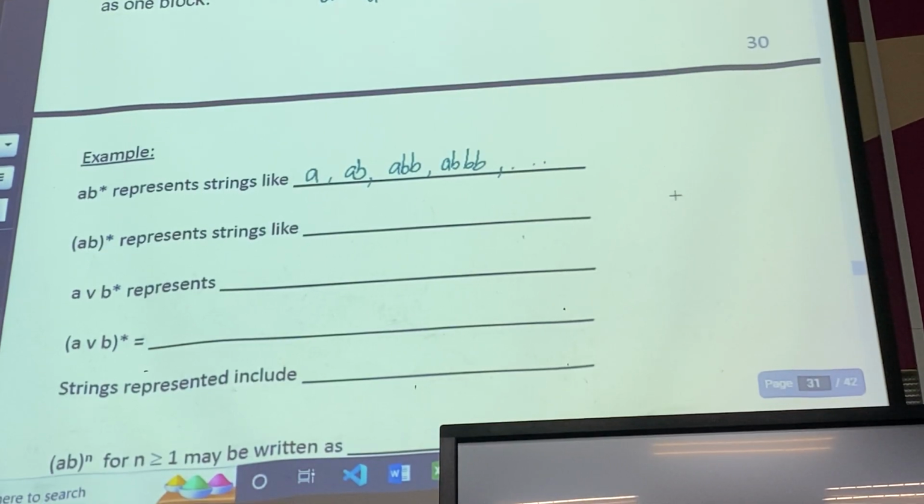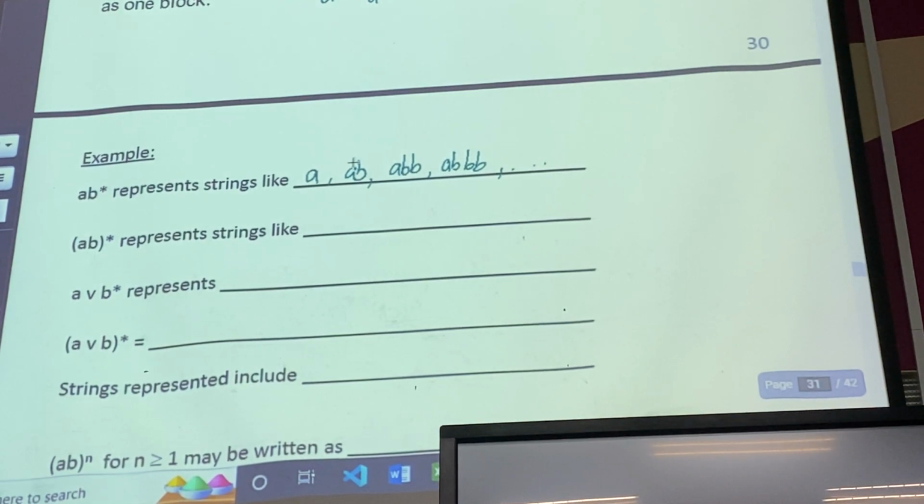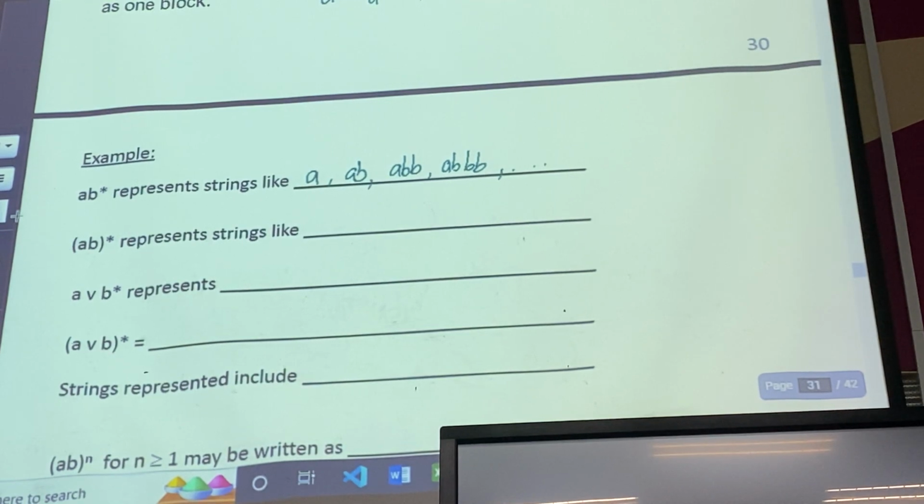Okay. So that means the loop is only for B. The B will only repeat but not the A. That is how we write this AB asterisk. Okay. Now (AB) bracket asterisk. What is the shortest string we can have?